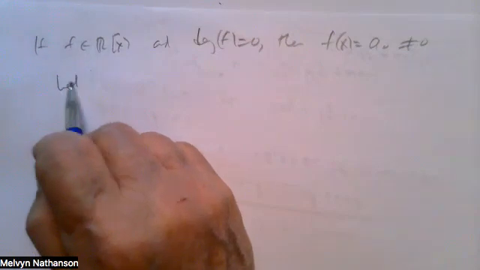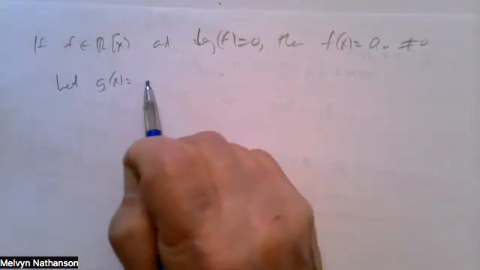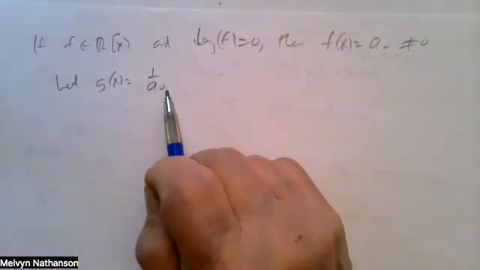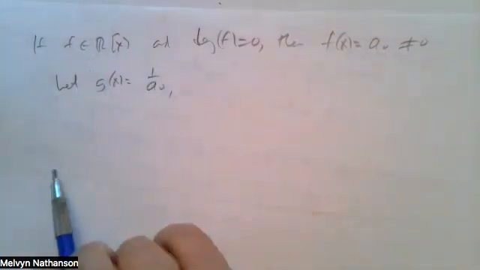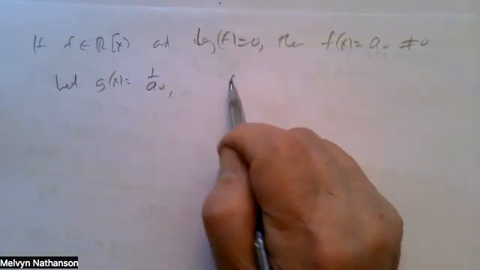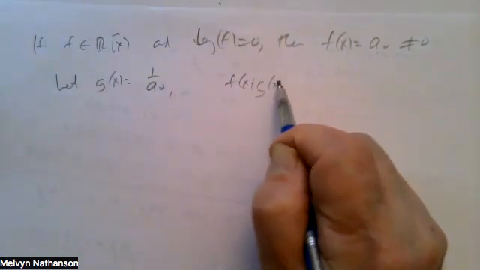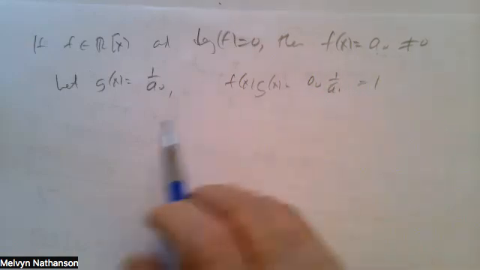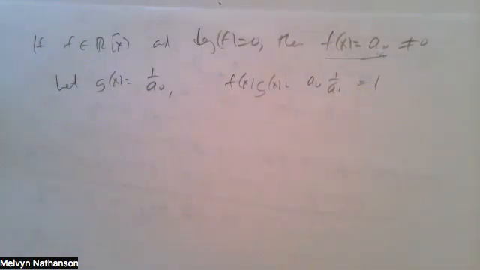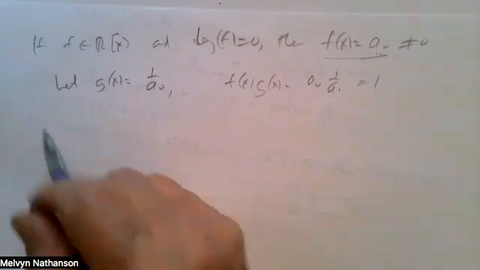If I let g of x be equal to 1 over a_0, which is non-zero too, then f of x times g of x is a_0 times 1 over a_0, which is 1. So a non-zero constant polynomial is a unit in the ring of polynomials.